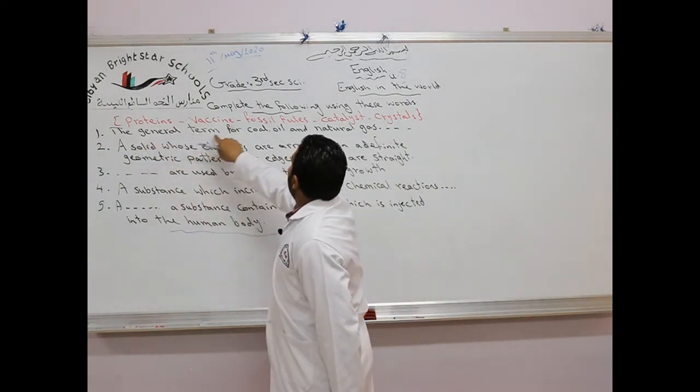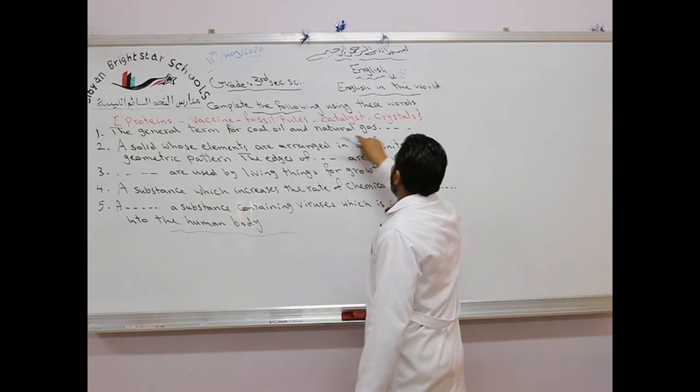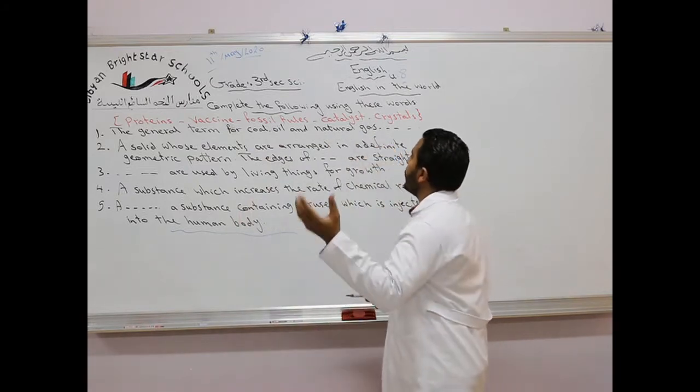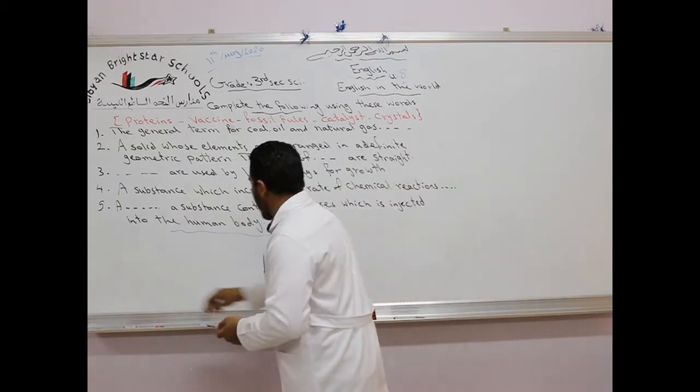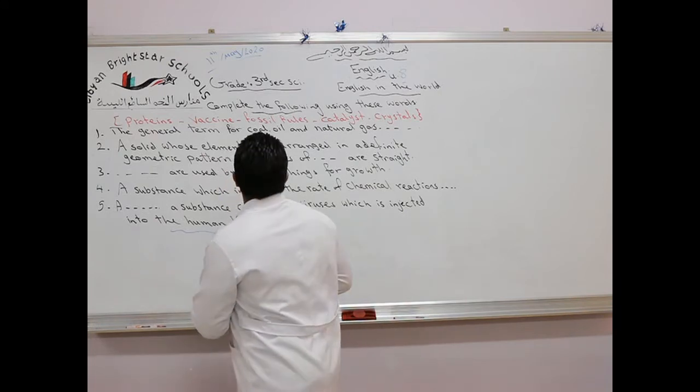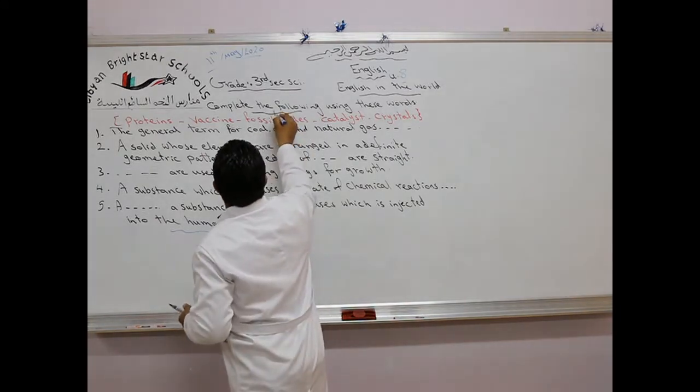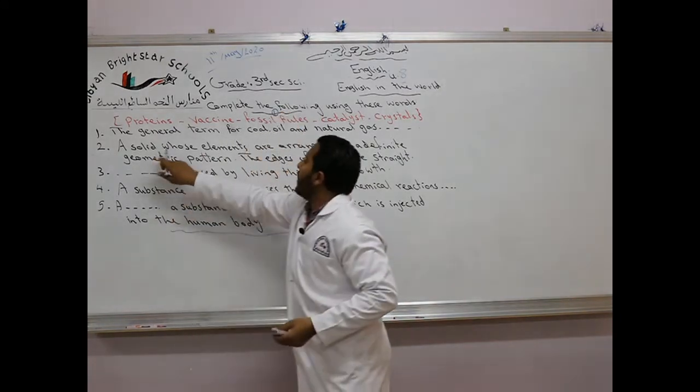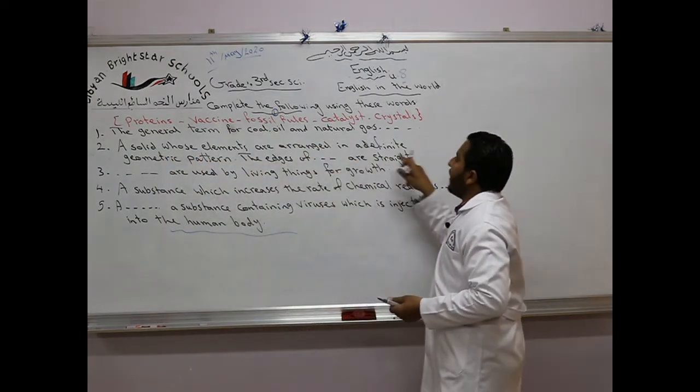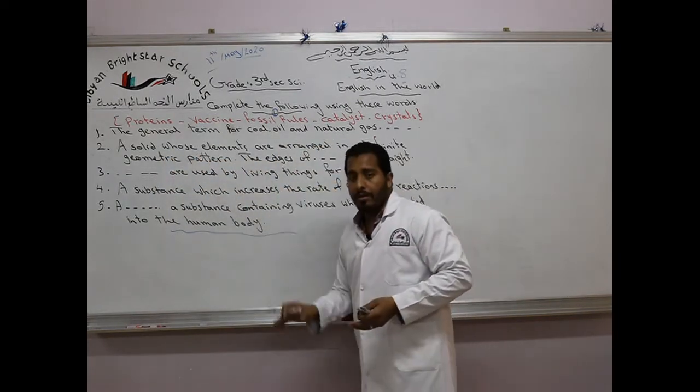The general term for coal, oil and natural gas is fossil fuels. Number 1. A solid whose elements are arranged in a definite geometric pattern.